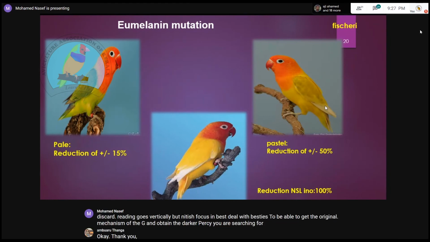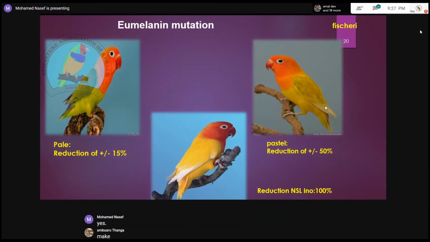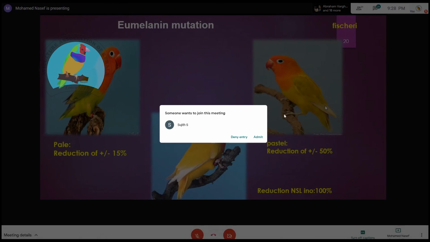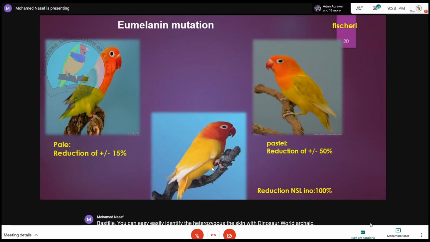Most of the people used to breed a pastel with Ino, or with Ino and with dark eye clear, DEC. But the heterozygous birds are different from pastel, even a lighter type of pastel. You can easily identify the heterozygous pastel with Ino or with dark eye clear.